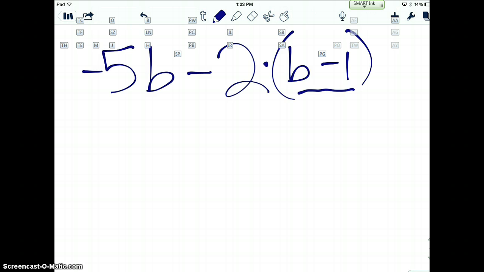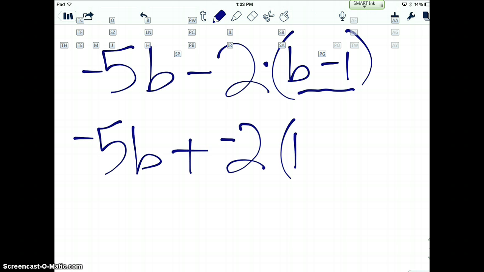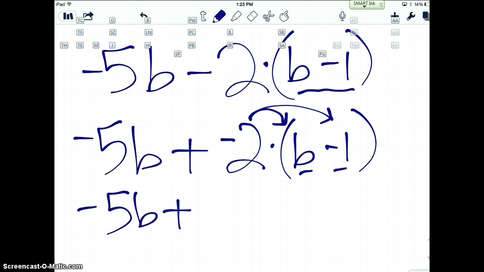Well, remember that a subtraction, I'm going to rewrite this, is the same thing as adding the opposite. So really, we're not multiplying by 2, we're multiplying by -2 to both terms in the parentheses. So I will have -5b plus -2 times b.